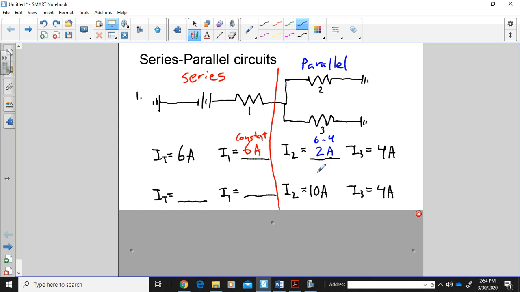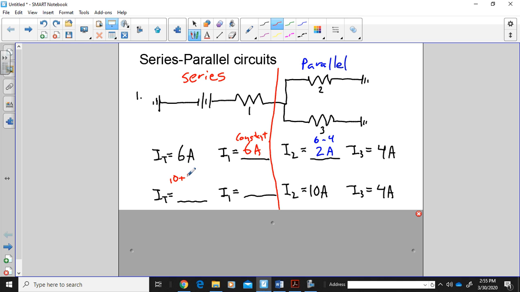Look at the next one. Still the same diagram, so series on the left, parallel on the right. This time we know 10 amps goes through the second resistor, 4 amps goes through the third resistor. They want to know total current, and how much current goes through I1. Remember, total current in a parallel circuit adds up.